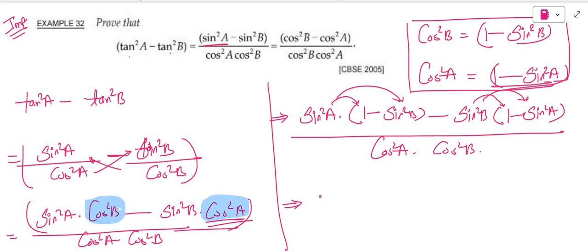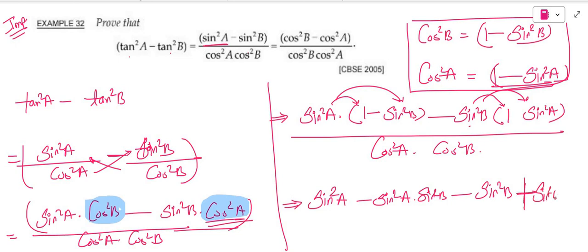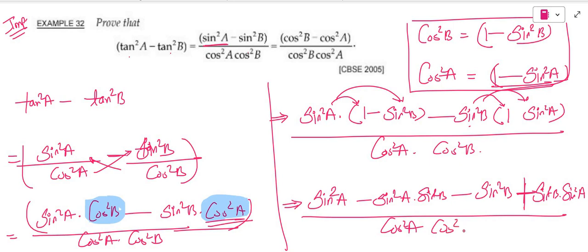Okay, now multiply this with both inside and this with both inside. If you feel it is fast, you can just slow down the speed or pause it. Try on your own. Minus this into this is what? sin square b plus, देखिए ये फ्रंट में माइनस है, इसके वजह से क्या होगा, ये वाला will become plus into sin square b sin square a divided by cos square a cos square b.